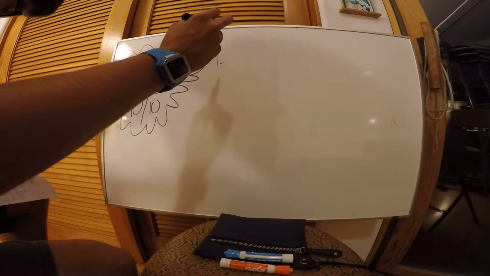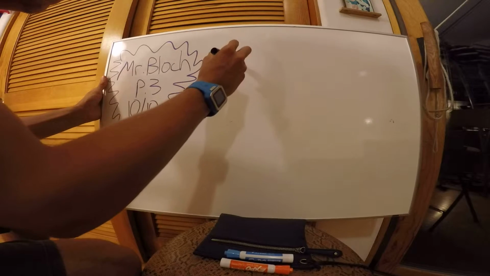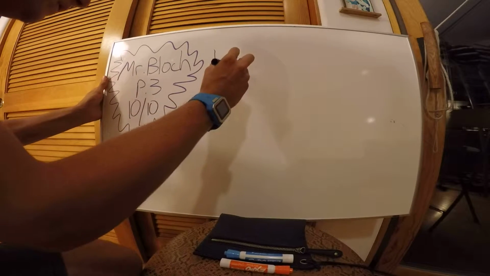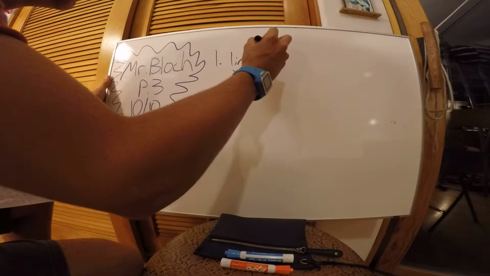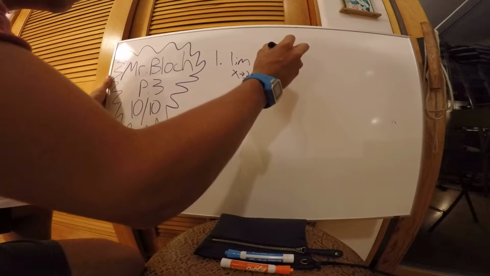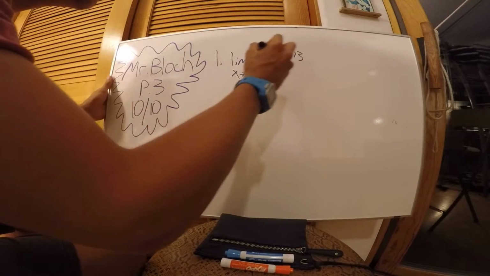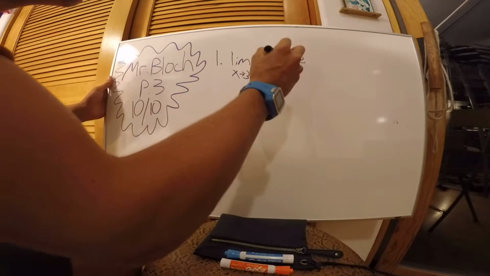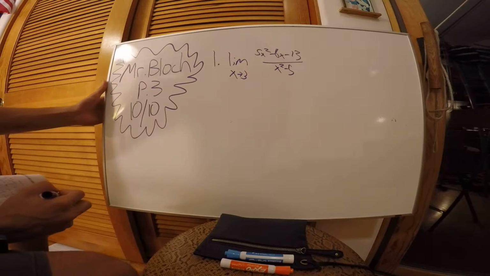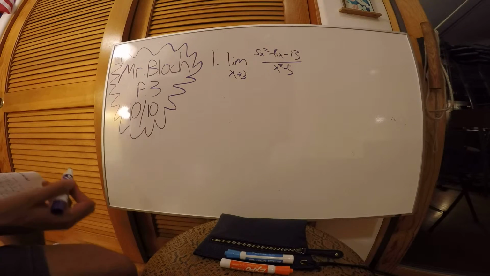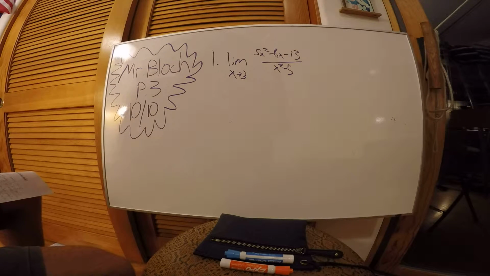Problem number 1. The limit as x approaches 3 of 5x squared minus 8x minus 13 all over x squared minus 5. So looking at this problem, you know that when you plug in c to the denominator, you will not get a 0.